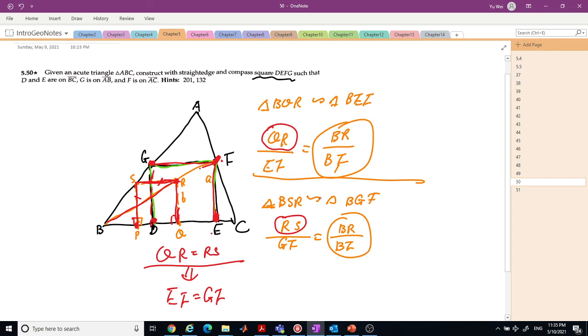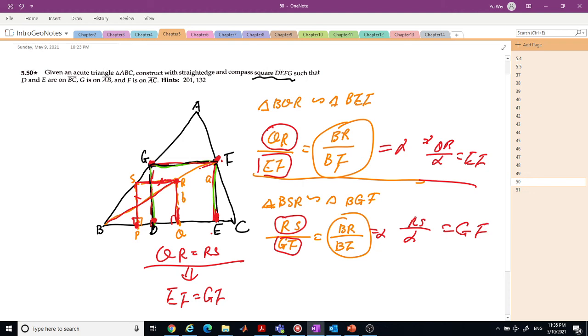Based on these similar figures, the EF and the GF have this ratio: QR over alpha is EF, and RS over alpha is GF.